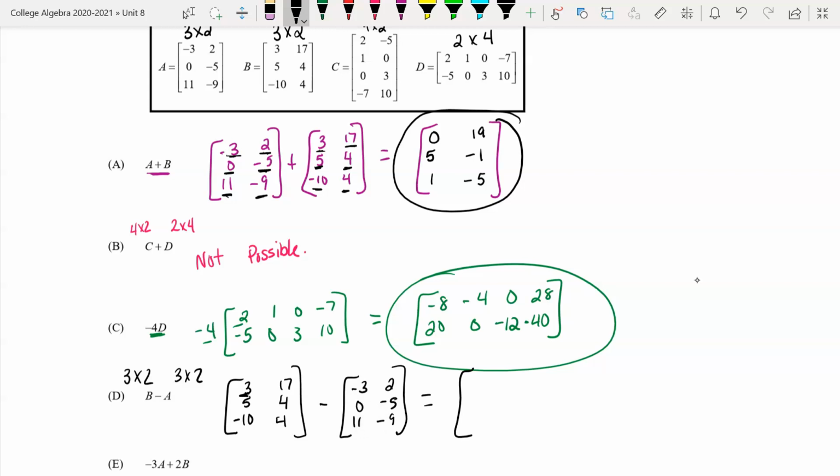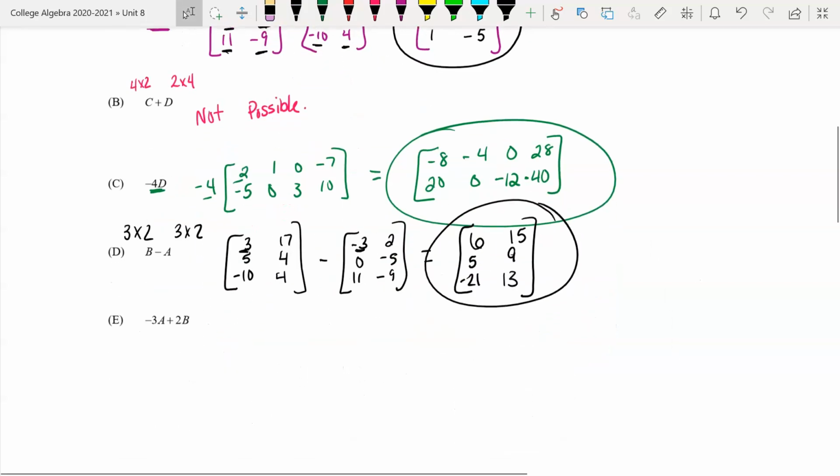So top left minus top right, but notice it's minus a negative, so it turns into a positive. So that turns into 3 plus 3. 17 minus 2 gives me 15. 5 minus 0 gives me 5. 4 minus a -5 turns into 4 plus 5, which is 9. -10 minus 11. And then 4 minus a -9 turns into plus, right? So I get that.